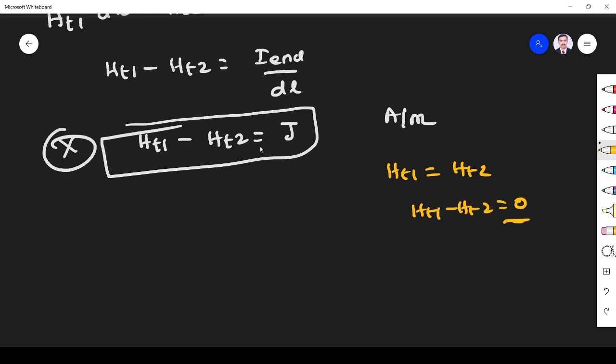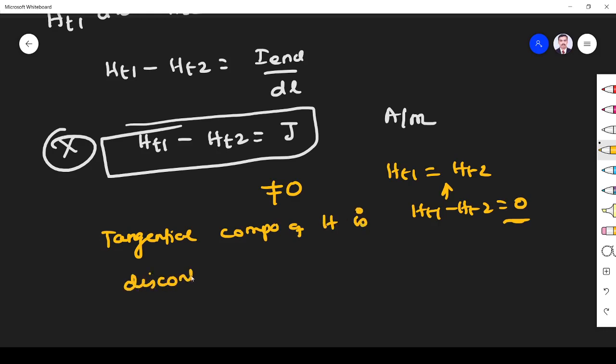But here Ht1 minus Ht2 is not equal to 0; it is equal to J. So the tangential component of H is discontinuous.